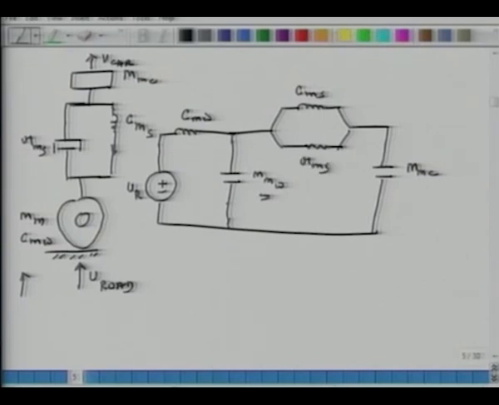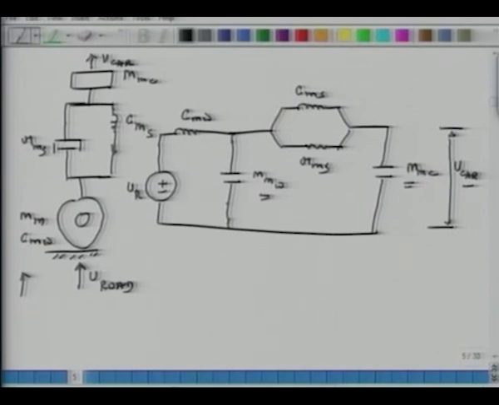What I am interested to know is the velocity of this mass. So if I can figure out the voltage difference here, which is U car, for a given value of UR, then I have solved the problem. So when you are looking at this circuit, think about it.